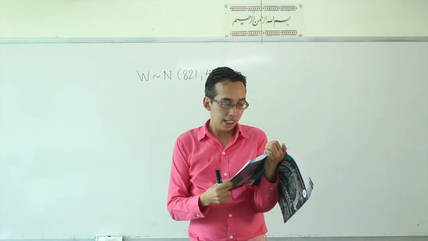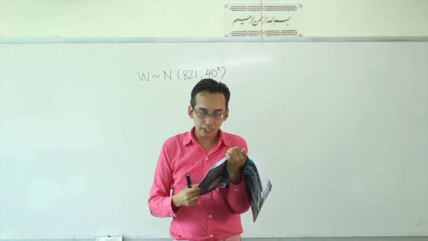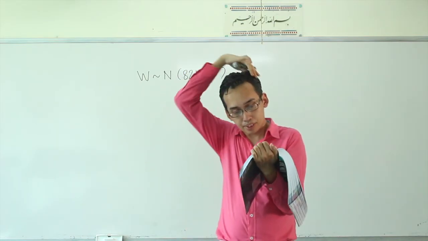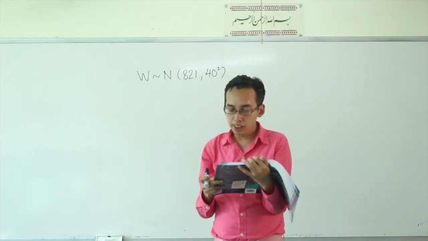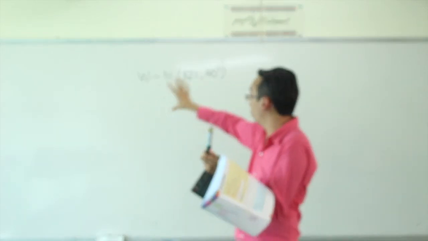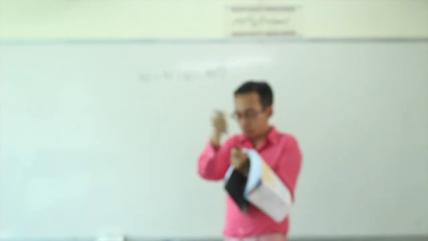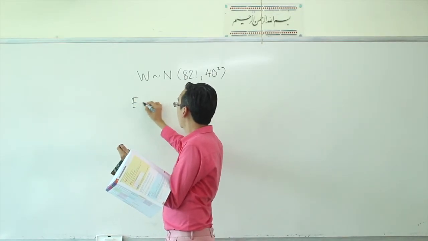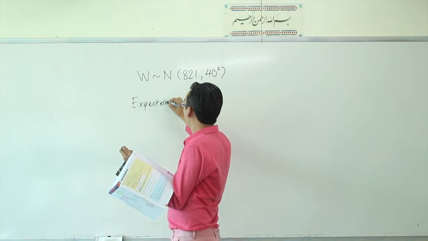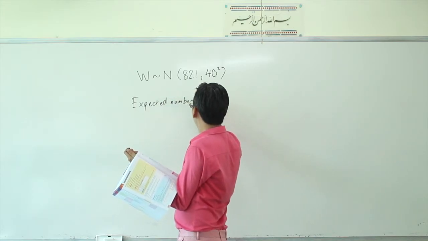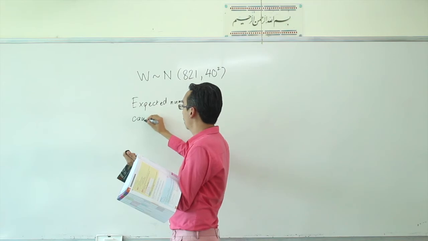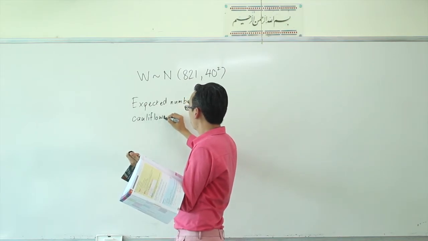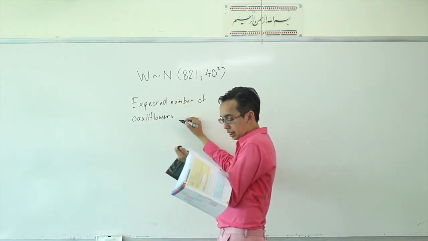Cauliflowers weighing less than 750 grams are classified as small. Part A: predict the number of cauliflowers classified as small in a sample of 400 cauliflowers. You have done all your normal distribution work, so find the expected number of cauliflowers that are classified as small.